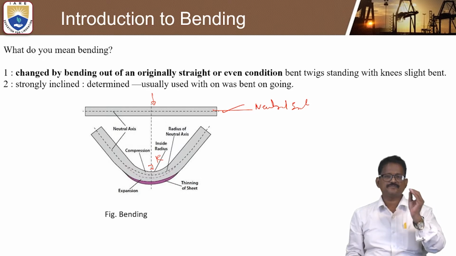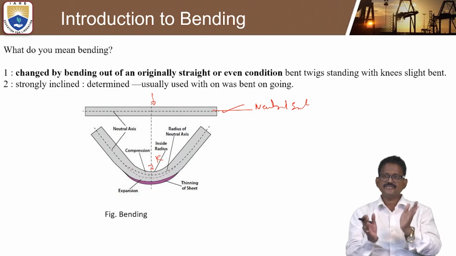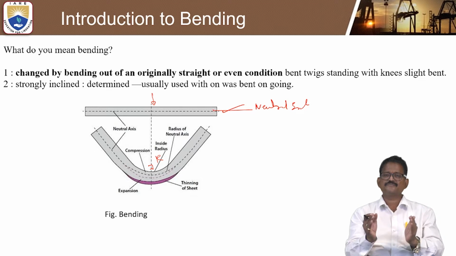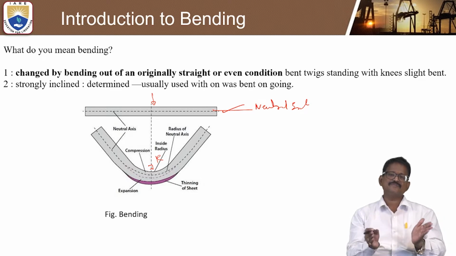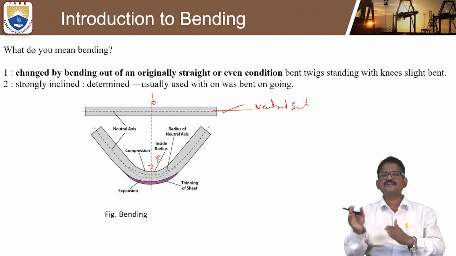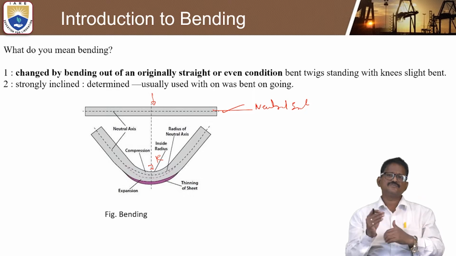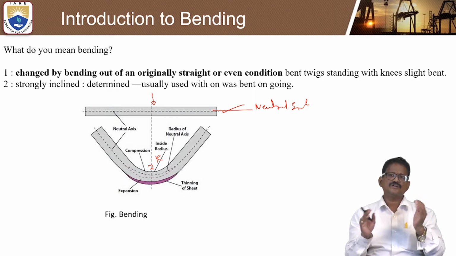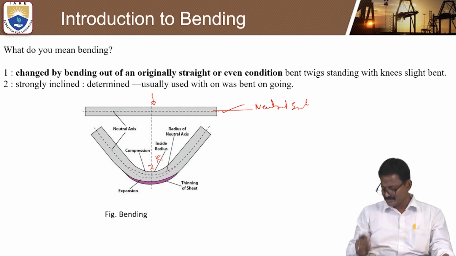Bending is the process of making an originally straight condition bend into a slight bend, either V or U type, or strongly inclined. The incline may be 45 degrees or 60 degrees depending on our application. What type of bending is going on, we will discuss in detail.